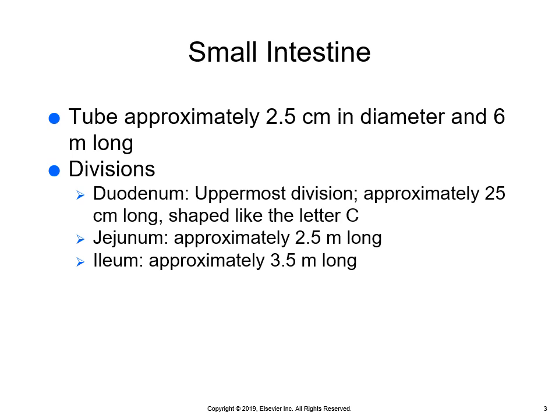It curves around the pancreas. It's the primary site for enzymatic digestion. It's also the site that receives bile from the liver, and digestive enzymes from the pancreas are received there as well.